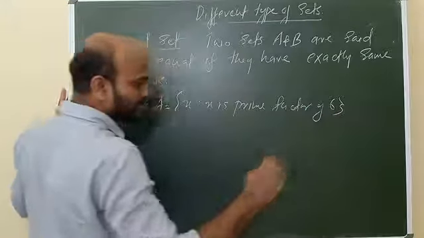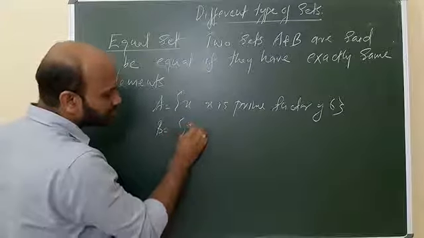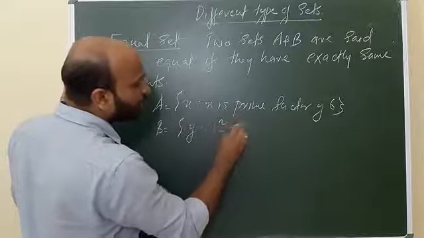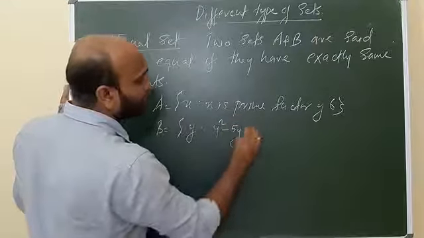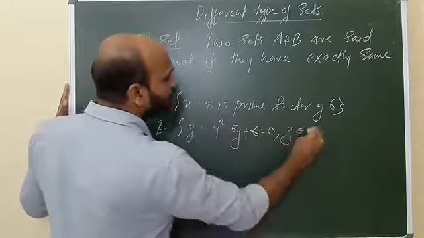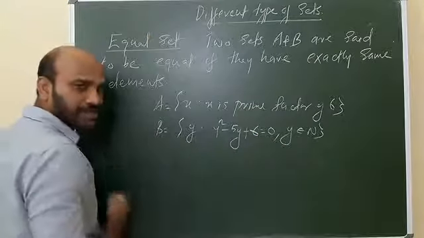This is the first set, and let B equal to another set, that is the set of all y such that y square minus 5y plus 6 is equal to 0. y belongs to N. That means all natural numbers satisfy this condition.